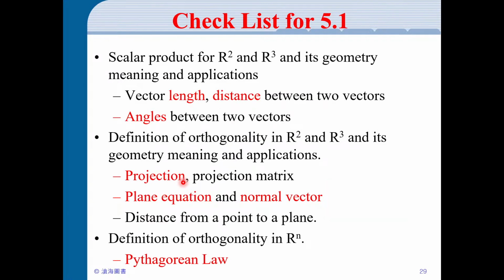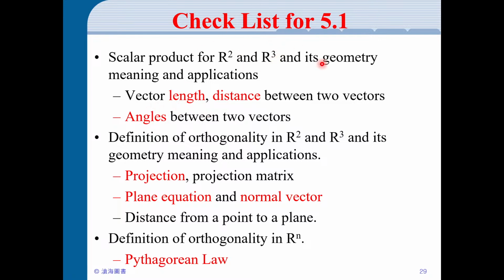So we have defined a lot of geometry by the scalar product, or the inner product. We can define length by the inner product, and the distance between two vectors as the length of the difference between two vectors. And the most important thing, we can define angle by the cosine rule. So cosine theta is the inner product between unit vectors.